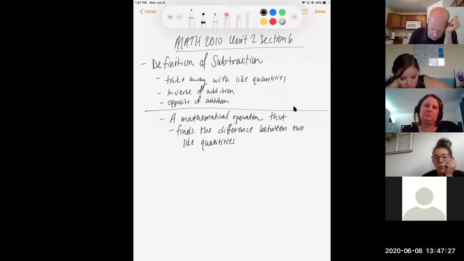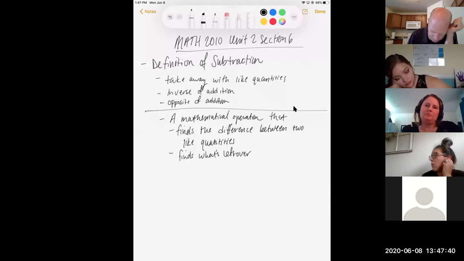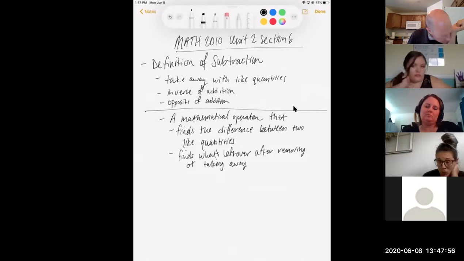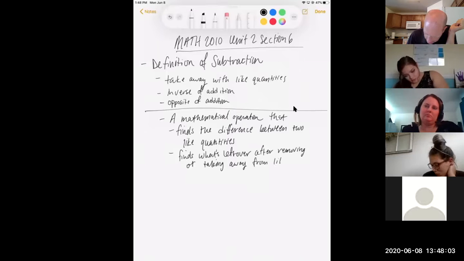Okay, so we have the idea of a difference. This is the takeaway part: it finds out what's left over after removing or taking away from like quantities.